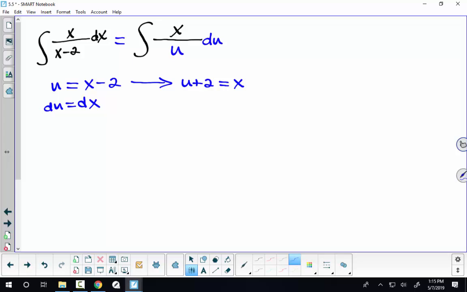So everything we do, manipulating the substitution, taking its derivative, whatever we decide to do with that algebraically is valid, but we're doing all of these things based on the original substitution. So original substitution, solve for x. Original substitution, take the derivative. And so we can put in place of the x up top, u plus 2.